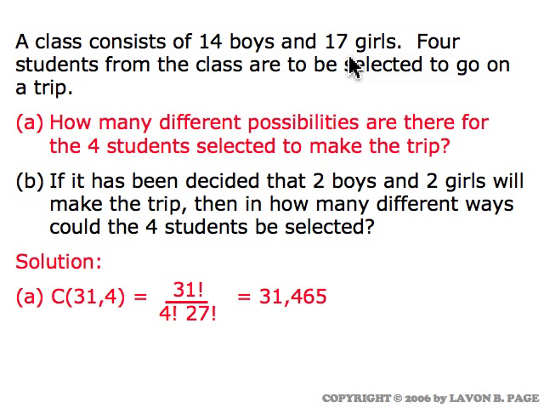So it purely and simply is a matter of selecting 4 students from the total group of 31 students. That's a combinations type question. We're simply counting the number of ways to select a set of 4 from a set of 31. Plug those numbers into the combinations formula, and we count 31,465 possibilities for the 4 students selected to go on the trip.